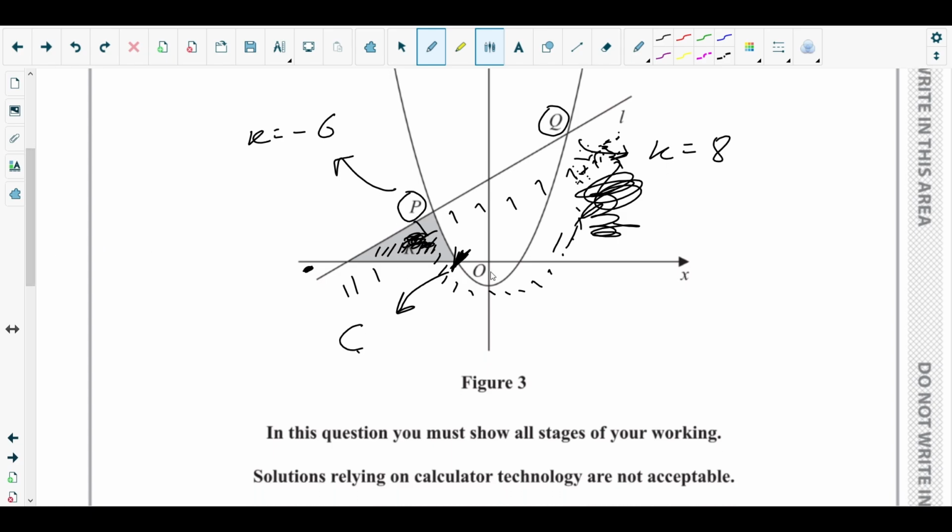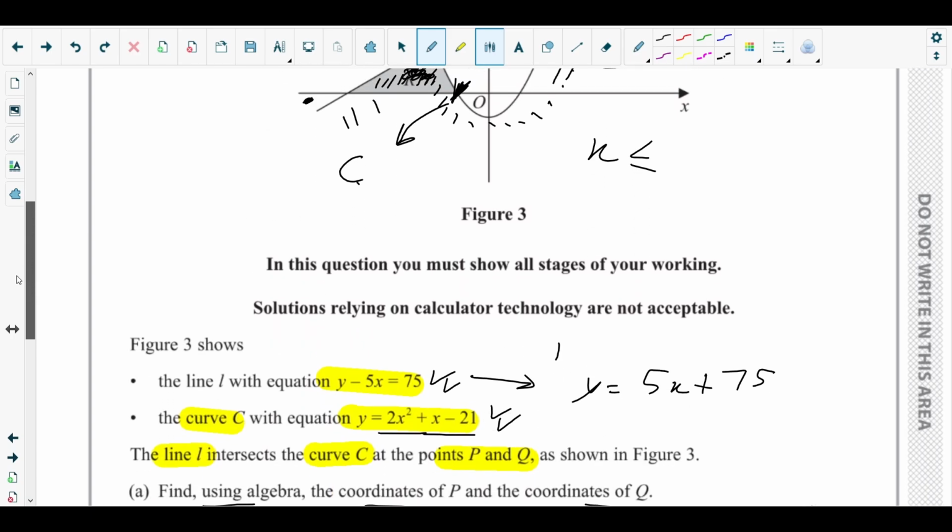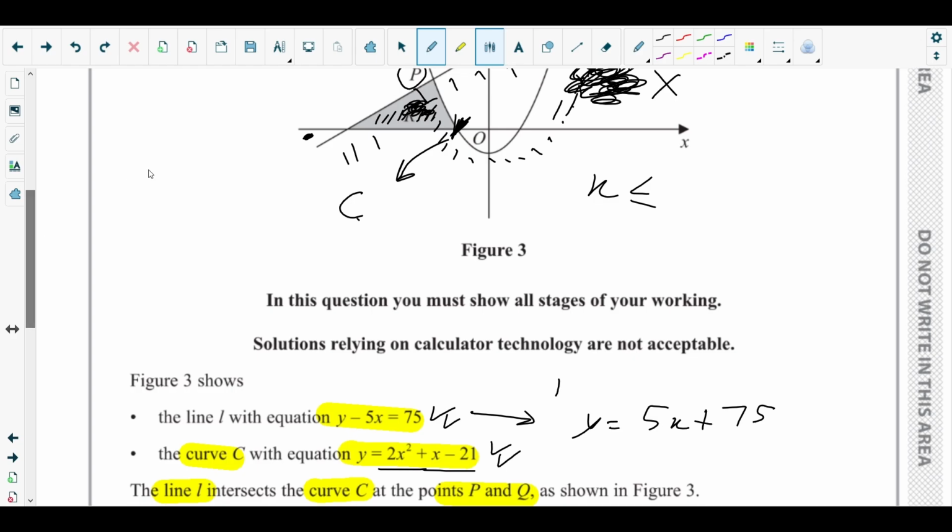Because if you don't consider that, then this part is also getting included with our region R. So to remove this part, we have to limit x to be less than or equal to that x coordinate. So let's figure out the x coordinate of that point. This is the point of intersection. It should be done in rough, so the workings need not be shown.